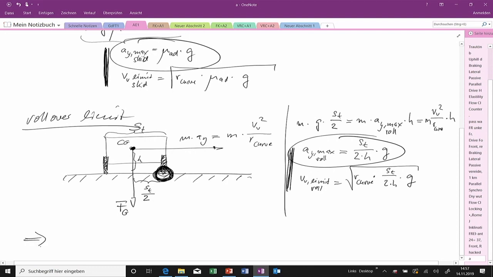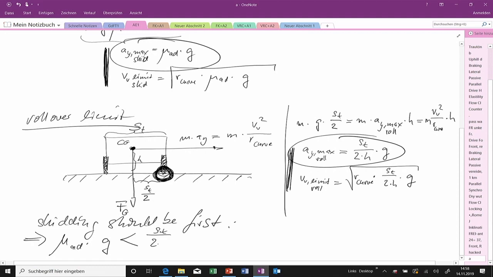In other words, we are using this equation and that equation. So if skidding should be first, then as a consequence we get that mu_at times g must be smaller than s_t divided by 2h times g.